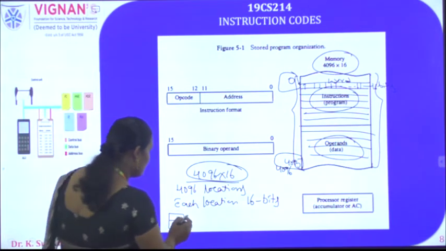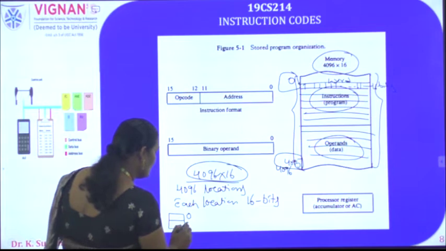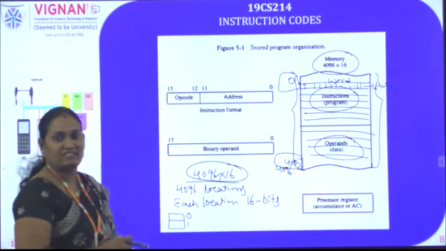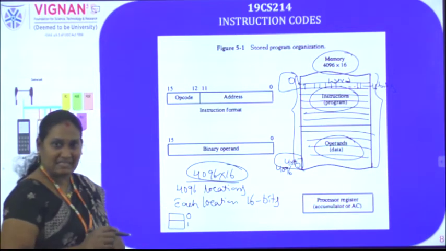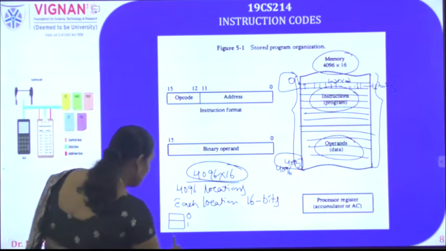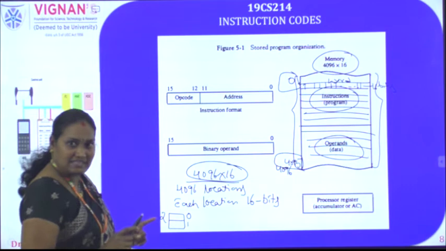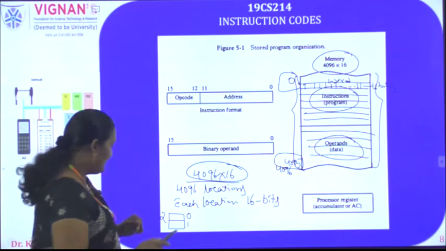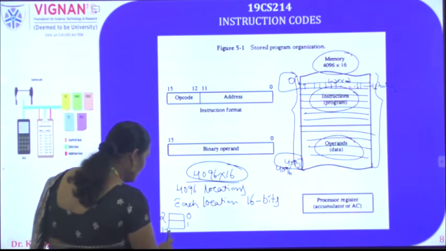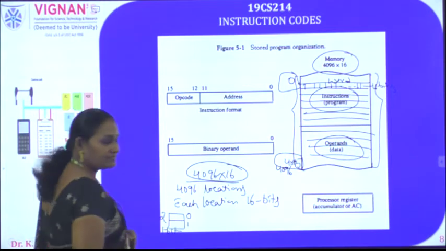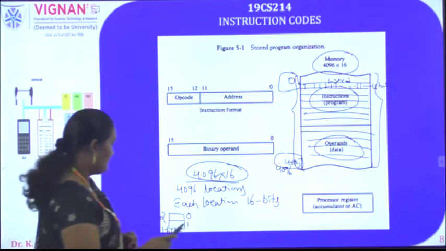The first location can be represented with address 0, and the second location with address 1. That is, if your memory contains 2 locations, for the representation of address I need only 1 bit.